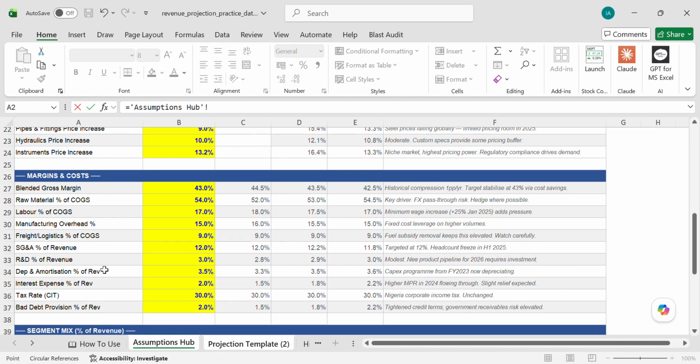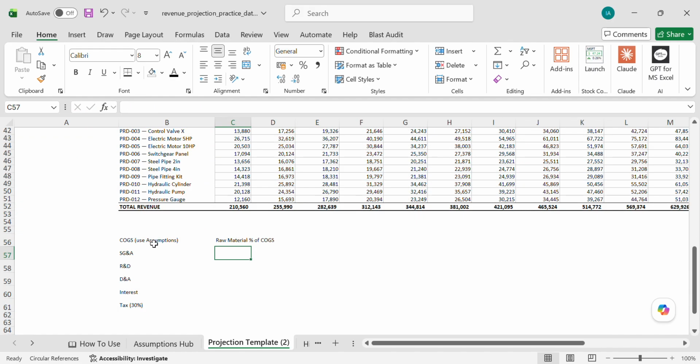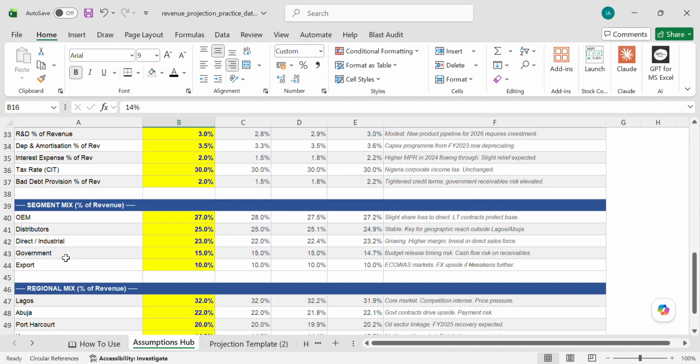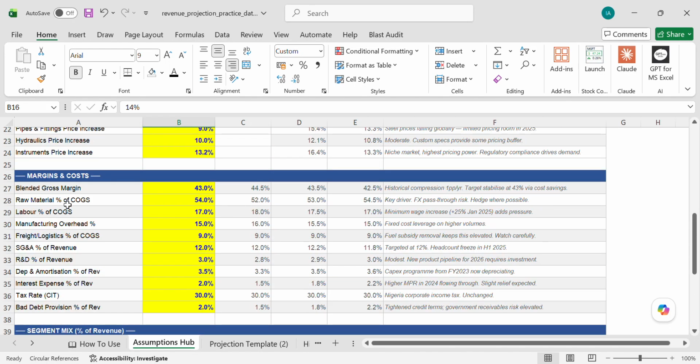Where's our COGS? Our COGS here, we're saying raw material percentage of COGS. Let's go to assumption. COGS.